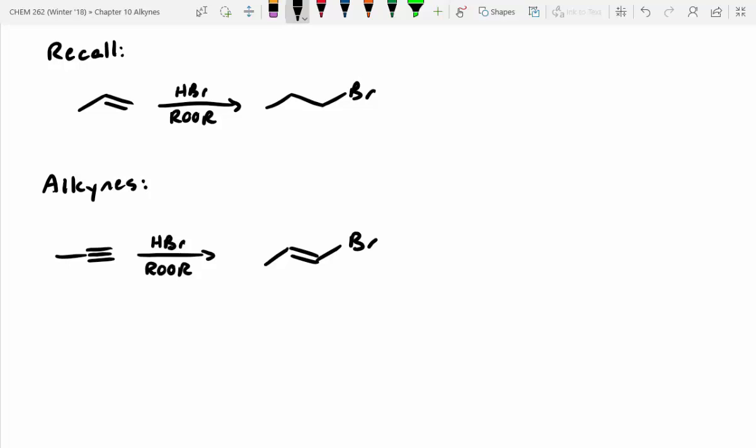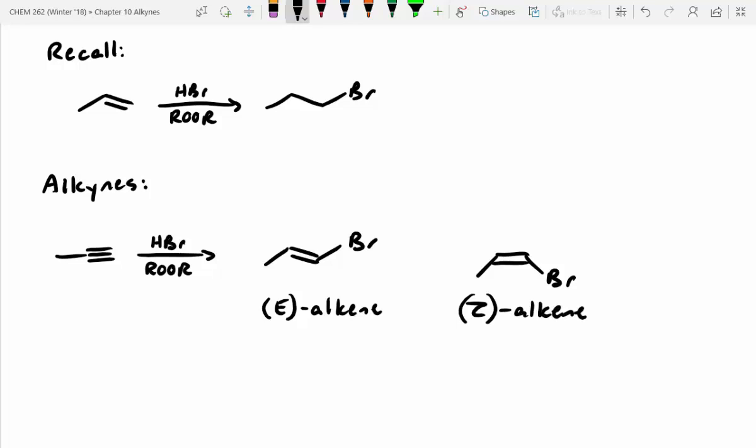And is this your E or Z alkene? Your E. It's the E alkene. And you can end up with one, it's the isomer, where it's the Z alkene.